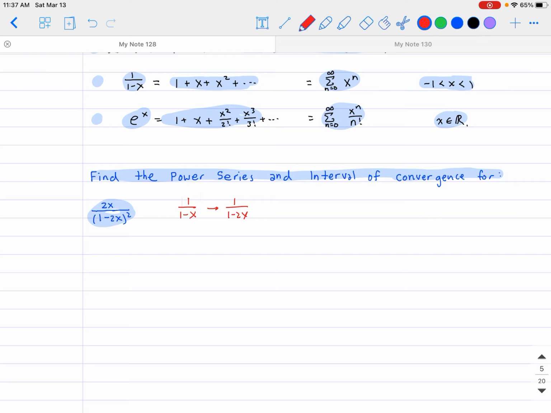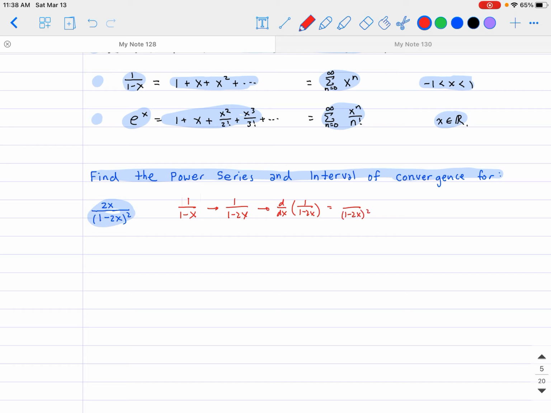Then I've noticed that we have 1 minus 2x quantity squared. So if I take the derivative of what I have, that's going to get closer to what I want. If I take the derivative of 1 over 1 minus 2x, that gives me the 1 over 1 minus 2x quantity squared that I want.